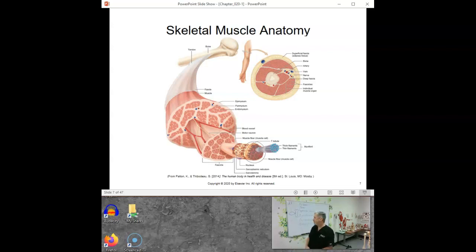Okay, cool. Good stuff. And muscles are highly vascular, tendons are highly avascular.